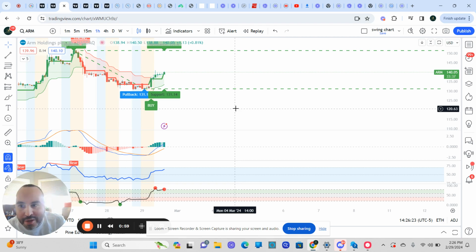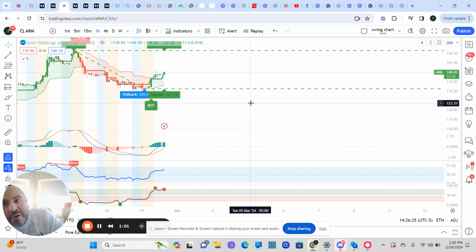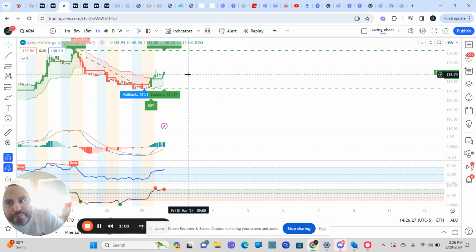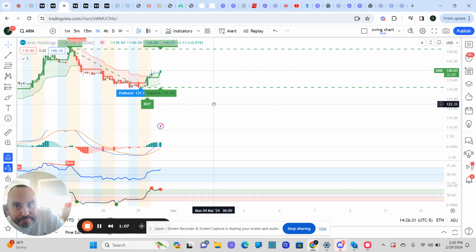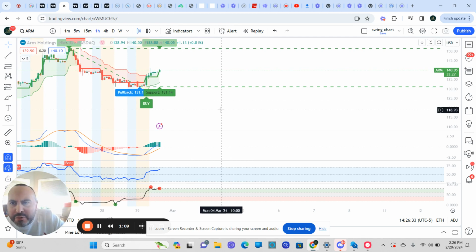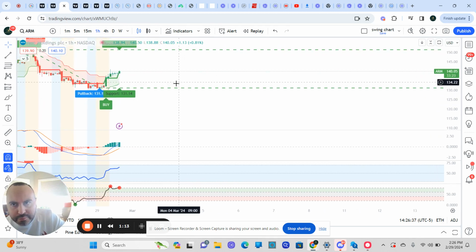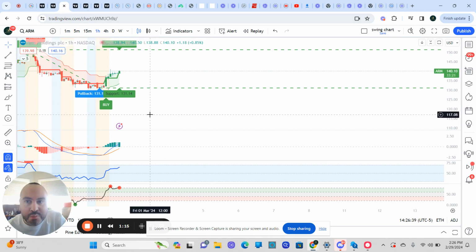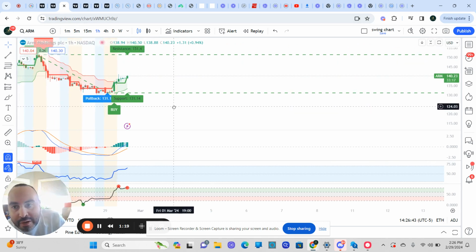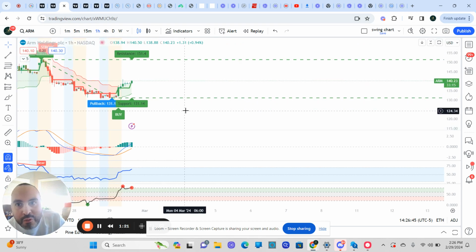But two trades that I want to go over today are the ARM trade from this morning. And actually, we may make it three. The ARM trade from this morning, which ran 50%. Our Apple trade from this morning, where we took about a 10% loss.